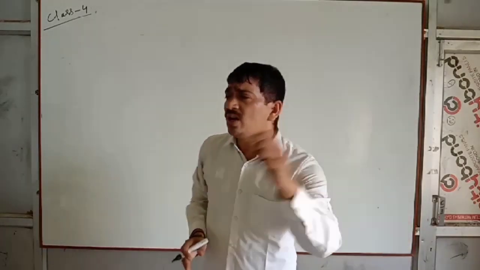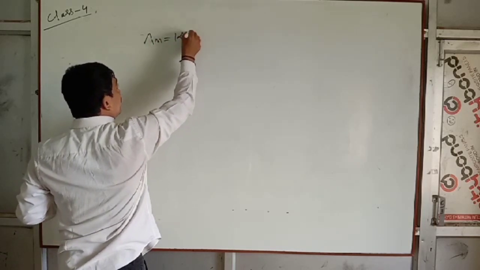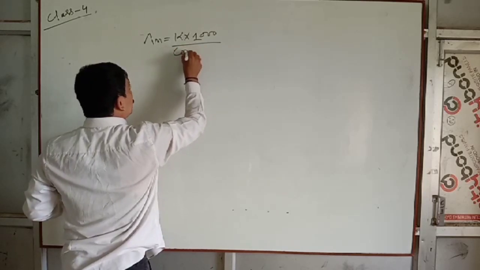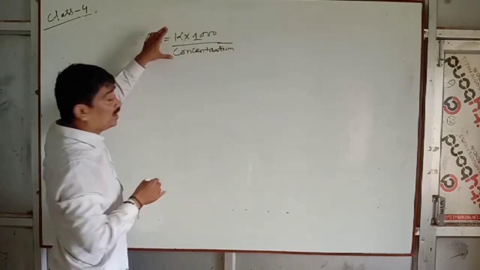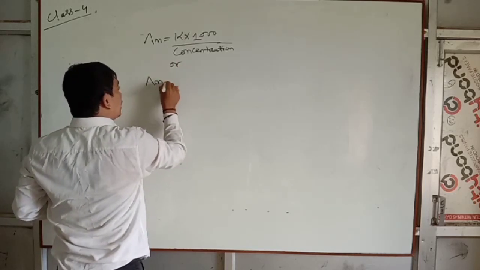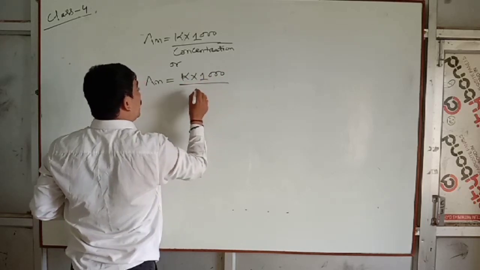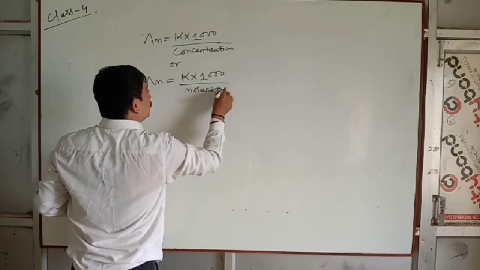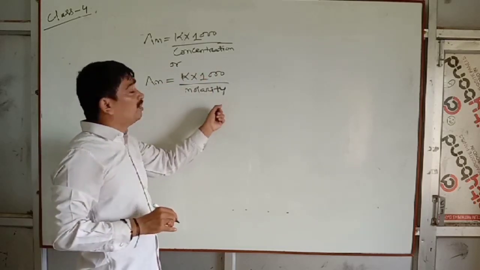Clear? So, molar conductance: lambda m equal to kappa into 1000 by concentration. I have already told this in the last class, and we can also express it as molar conductance equal to kappa into 1000 by molarity.